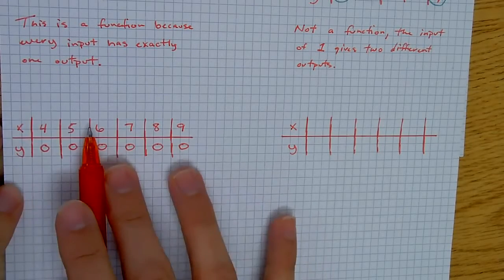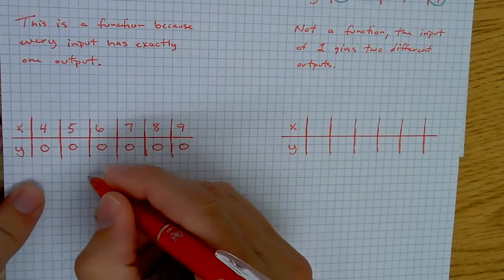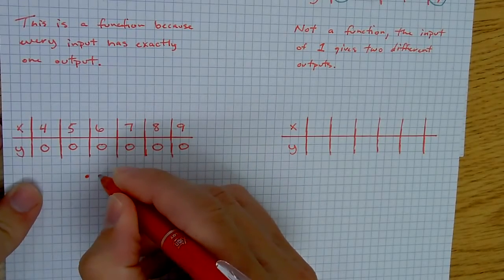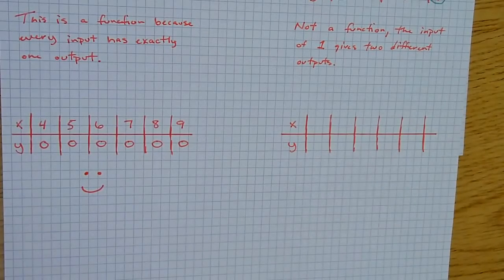Okay, do any of our inputs have two different outputs? No, so we're good. It looks funny because they all have the same output of 0. But none of the inputs have two different outputs.